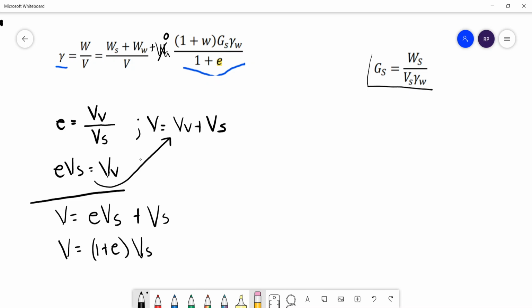Okay, so as you can see, meron na tayong 1 plus e dyan. So pwede nating magamit dito sa equation.